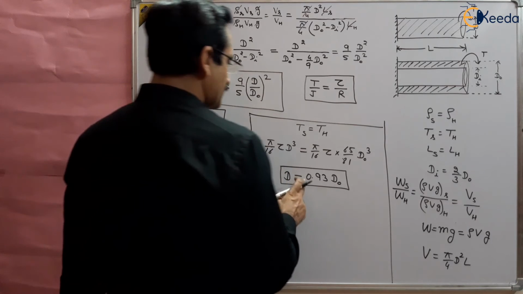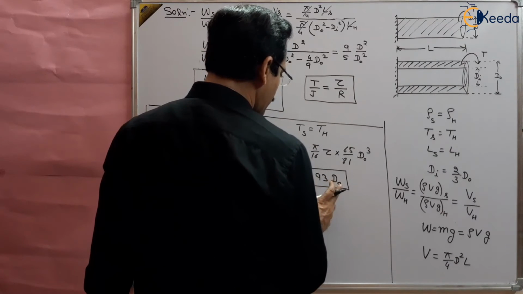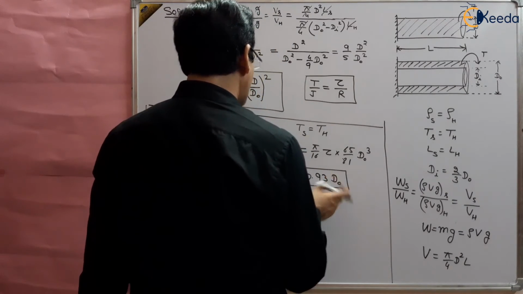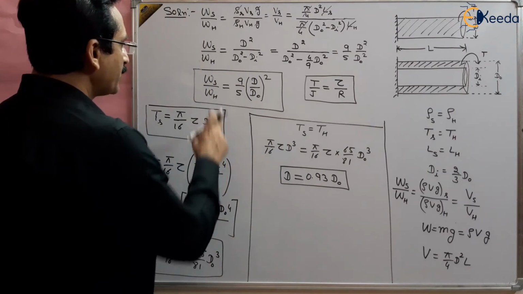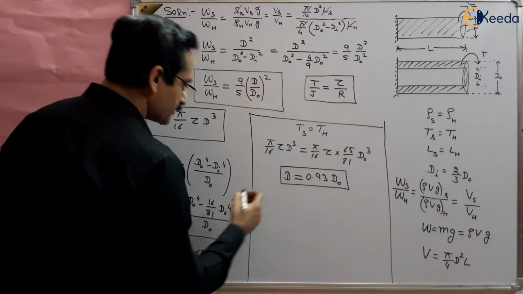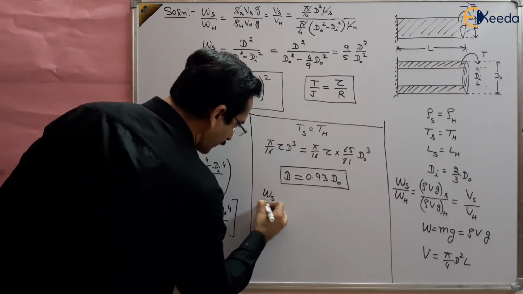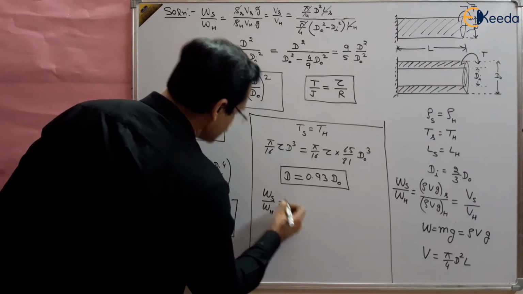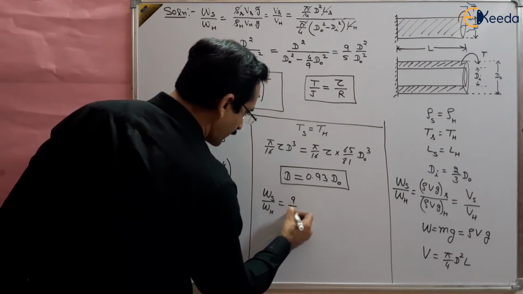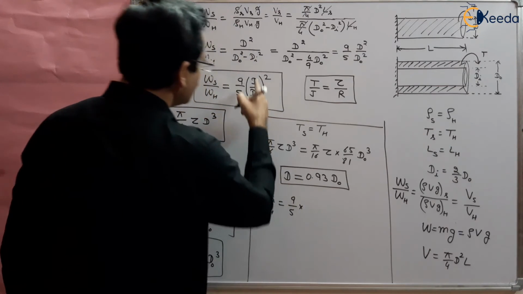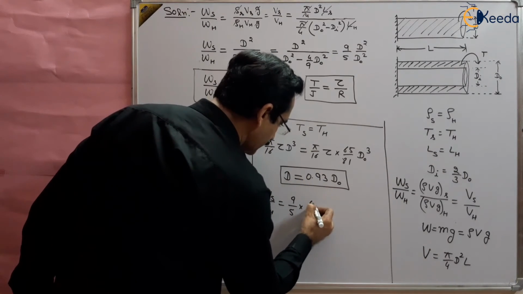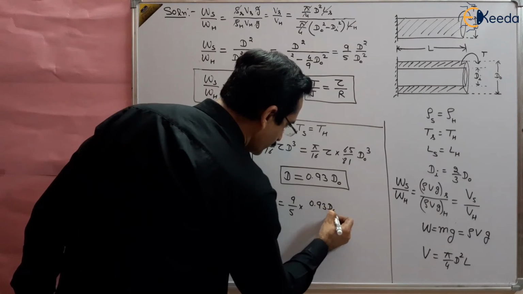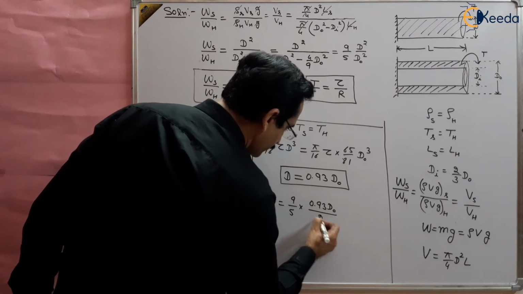So this is the relation between the dia of the solid shaft and the outer dia of the hollow shaft. Now we can find out the weight ratio. The weight ratio is given by this equation, 9 by 5 multiplied by d, where d is 0.93 times Do, divided by Do, whole square.